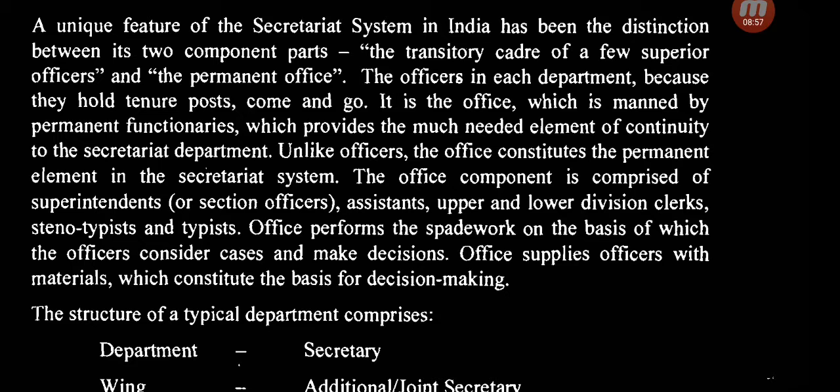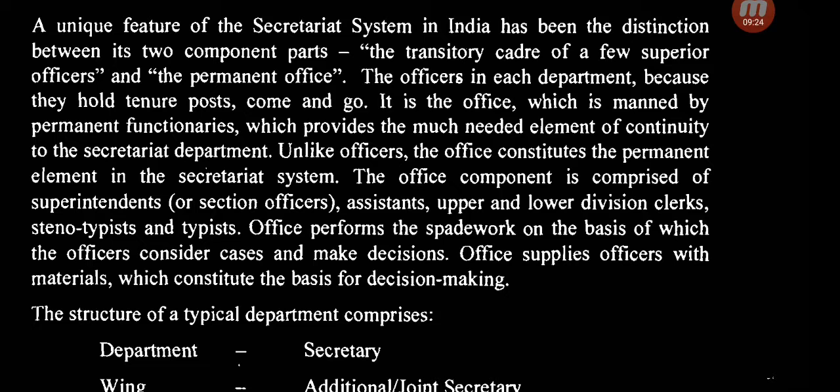The office component is comprised of superintendents, assistants, upper and lower division clerks, stenotypists, and typists. The office performs the spade work on the basis of which the officers consider cases and make decisions. The office supplies officers with materials which constitute the basis of decision making.